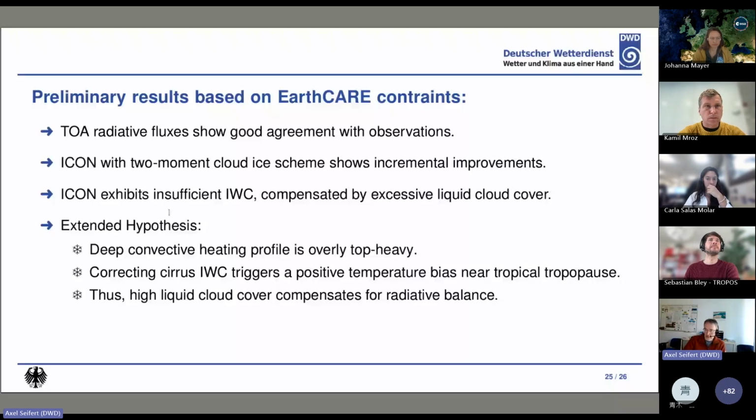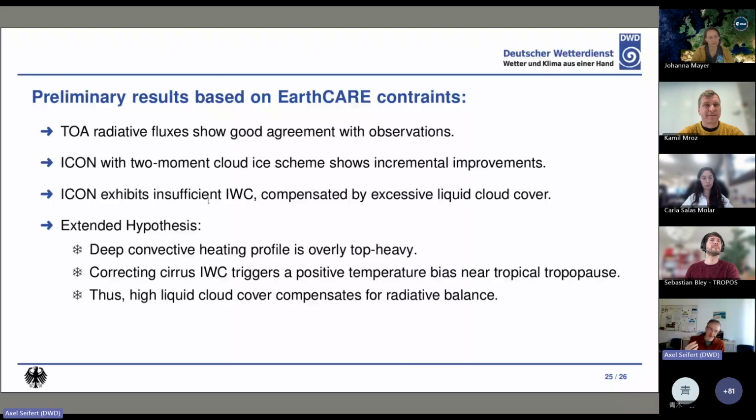ICON has not enough ice water content, but compensates this by having more liquid. And actually, the story is a bit more complicated because when I developed the two-moment scheme, it immediately produced more ice water content than what we are used to have in ICON. And this gave me a lot of biases. And then I had to basically tune it down.